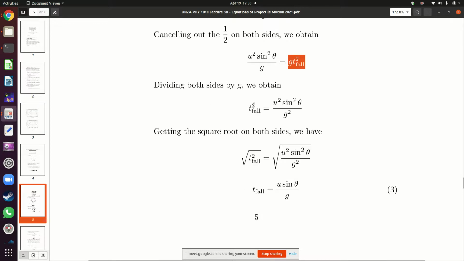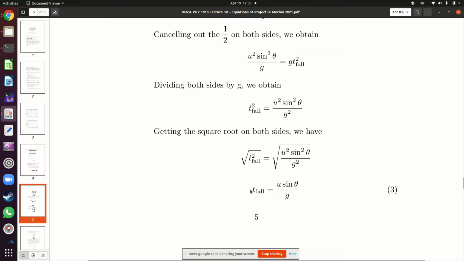Then when you take the square root on both sides, you end up with t4 equals u sin theta divided by g. So this gives you an expression for the fall time: the fall time is equal to u sin theta divided by g.